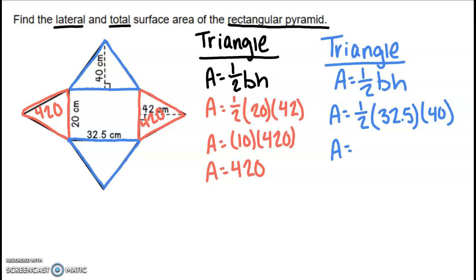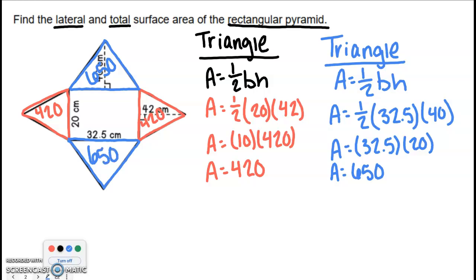I don't know what 1/2 of 32.5 is, but I know that it's really easy to get half of 40. 40 divided by 2 is 20. So then this is just 32.5 times 20. And when you multiply those out, you should get 650. So the area of the blue triangles are 650.